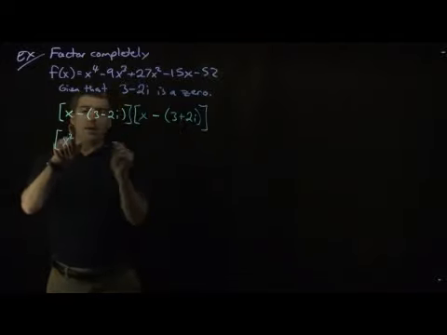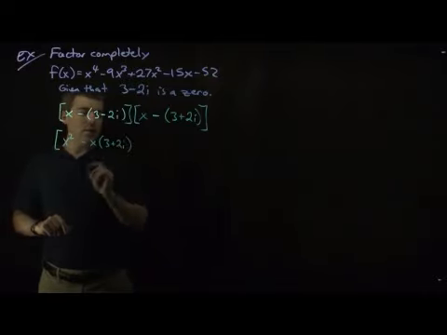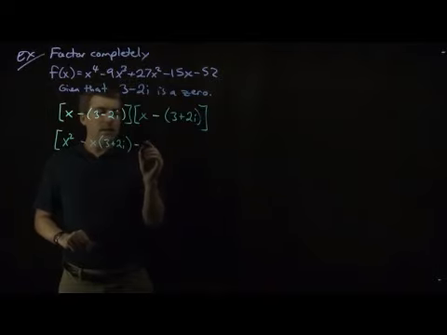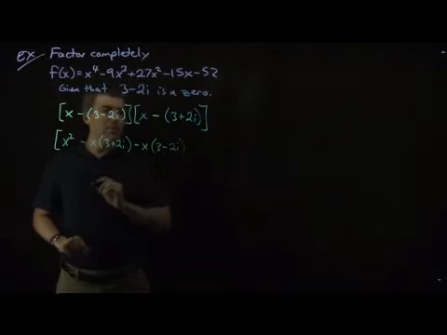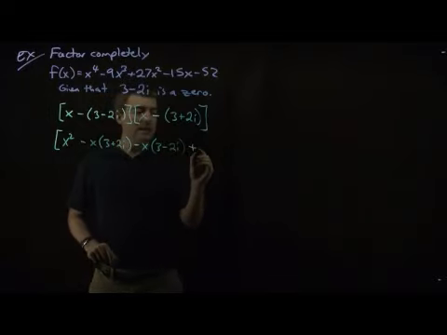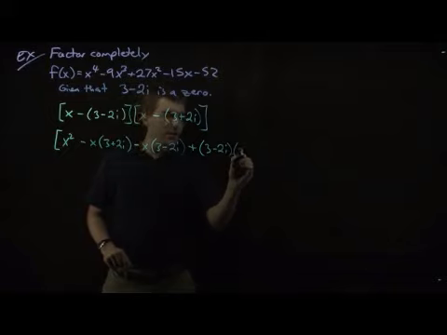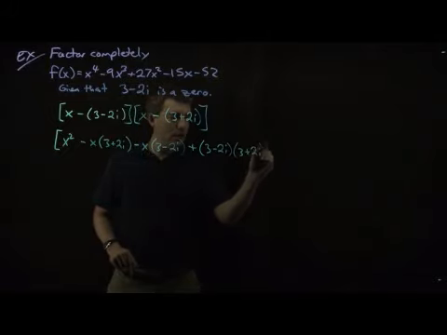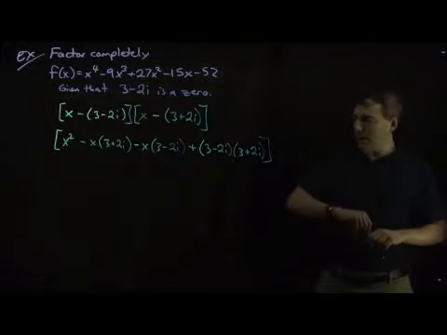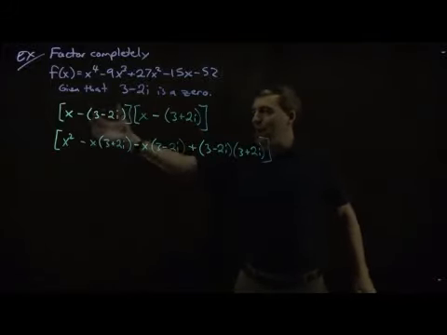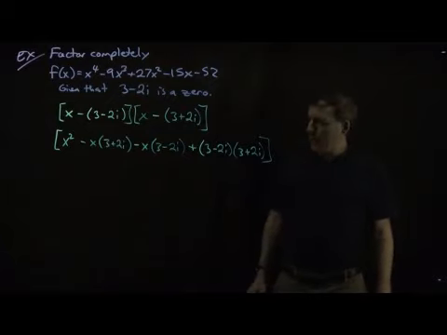And then we have minus x times 3 plus 2i, minus x times 3 minus 2i. And then we have plus 3 minus 2i times 3 plus 2i.